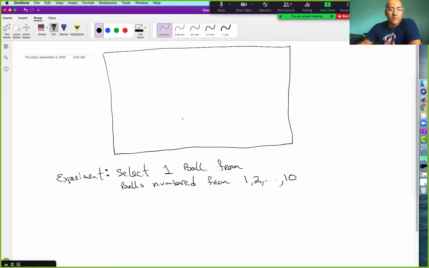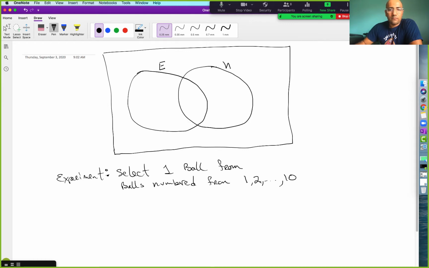Good? Okay, so now I'm going to have a couple of events out here. Here is event E. And let's say this is event W. There's nothing special about the letters E and F. They just happen to be used often. But any capital letter could be used to represent an event.